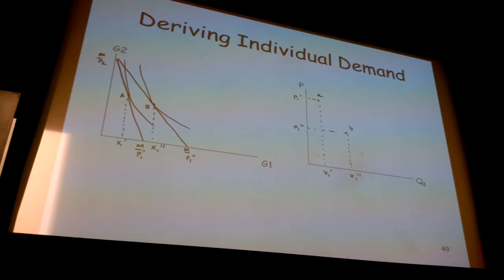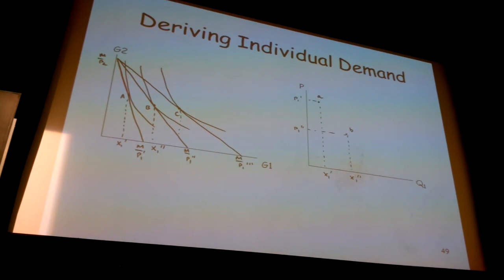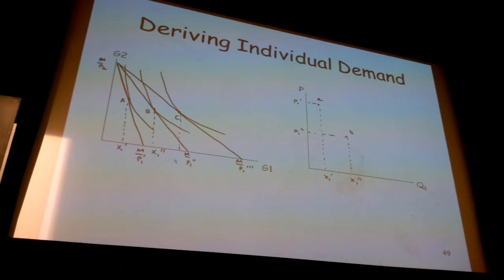Now let's suppose that the price falls even farther to P1 triple prime. So now we've got this much lower price. Again, we can find our new optimal consumption bundle. Maybe that's occurring at point C, corresponding to x1 triple prime units of good one. So now I can plot that as well.